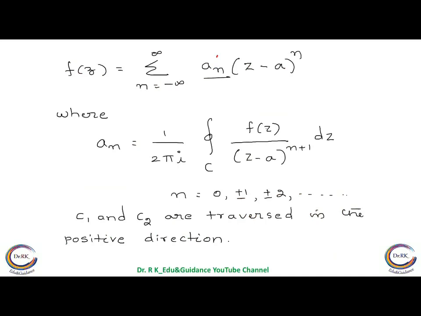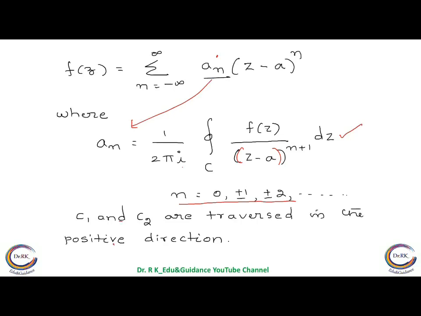Then f of z equals the summation over n from minus infinity to plus infinity of a_n times (z minus a) to the power n, where a_n is 1 by 2 pi i times the integral over C of f of z by (z minus a) to the power n plus 1 dz, where n equals 0, plus or minus 1, plus or minus 2 and so on, where C1 and C2 are traversed in the positive direction.